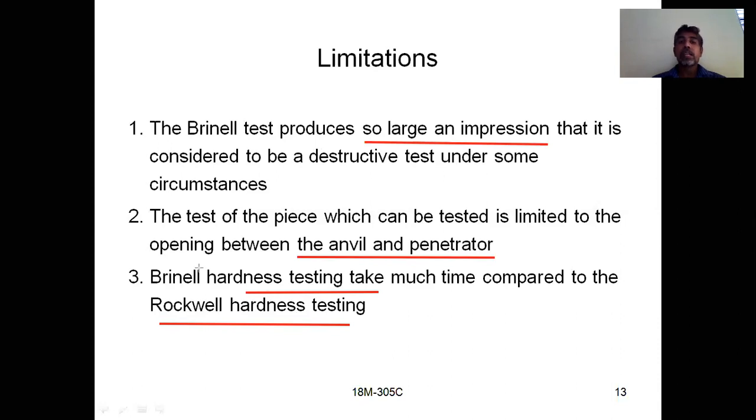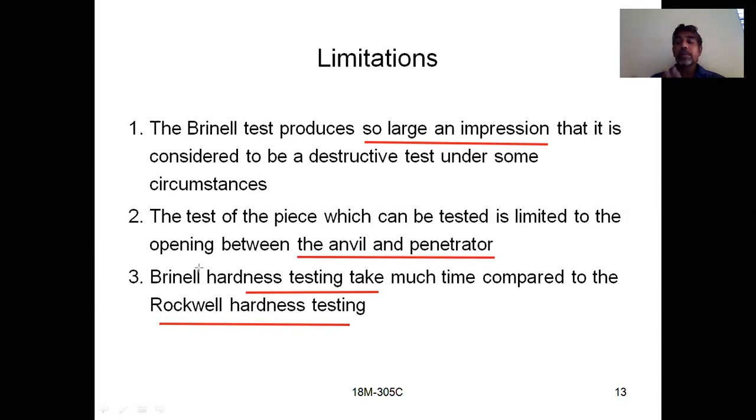So what are the limitations we are having? The first limitation is damage to the specimen. In Brinell hardness testing we have a big impression or big indentation on the workpiece, which makes it a destructive testing procedure, and the specimen cannot be used further. The second is that the size of the test specimen is limited, because it must be accommodated between the faces of your anvil and your indenter.